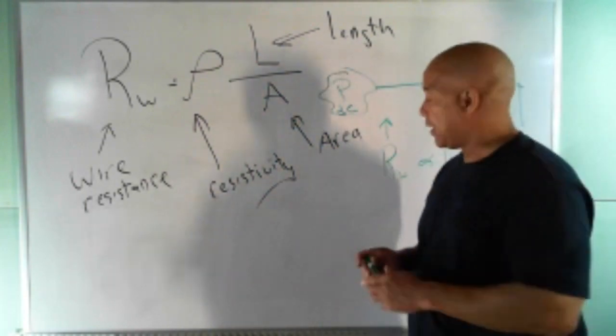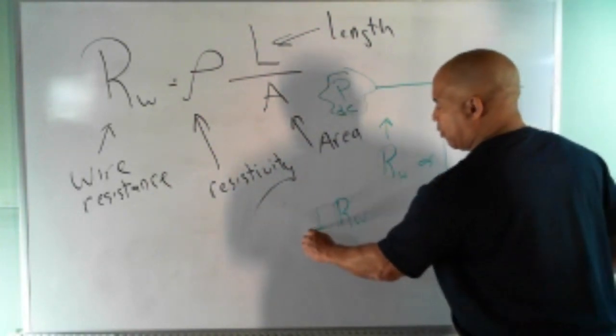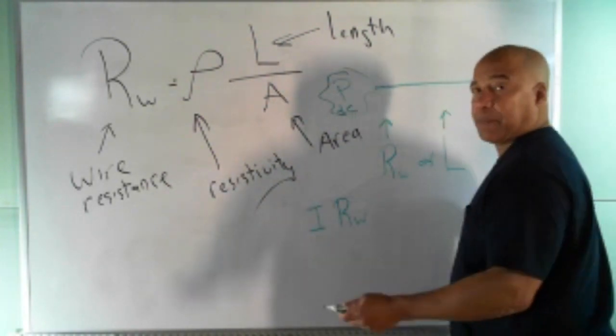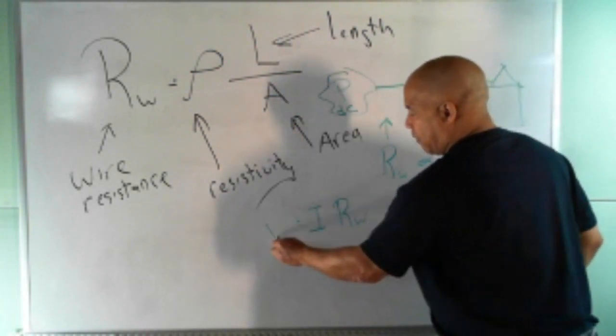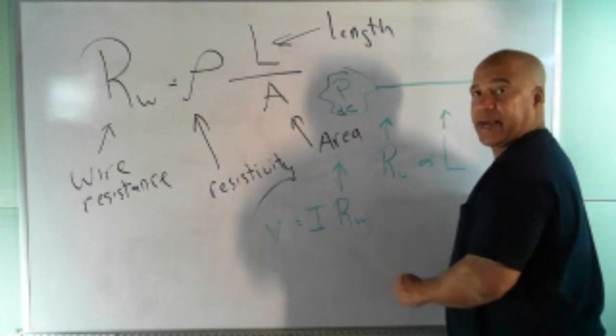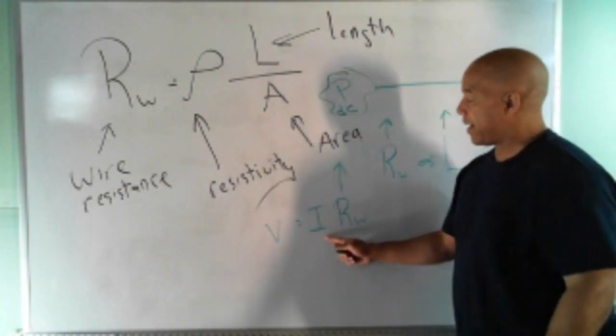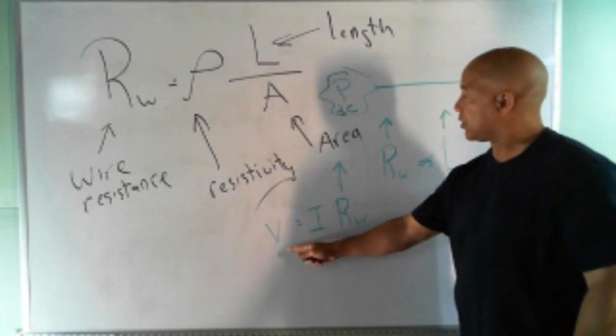If I take resistance and run current through it, a couple things happen. I get a voltage dropped across the wire. If this is really big, then that voltage drop across the wire, when I multiply I times R, is going to be really big. So your voltage is getting reduced over here.